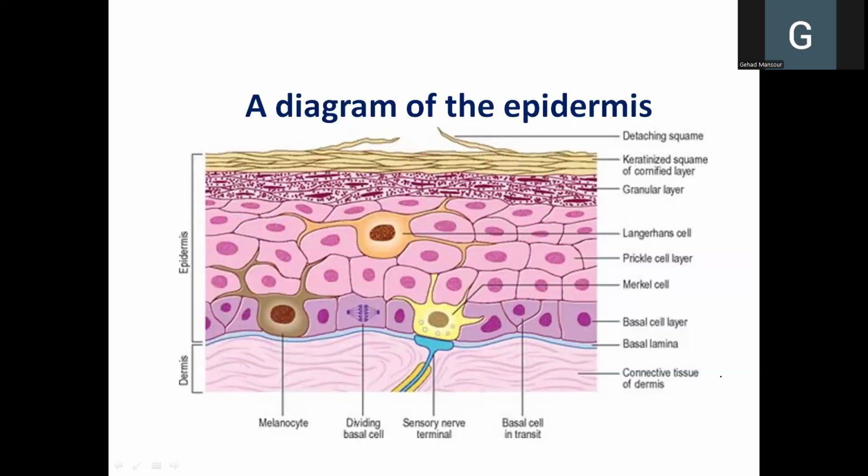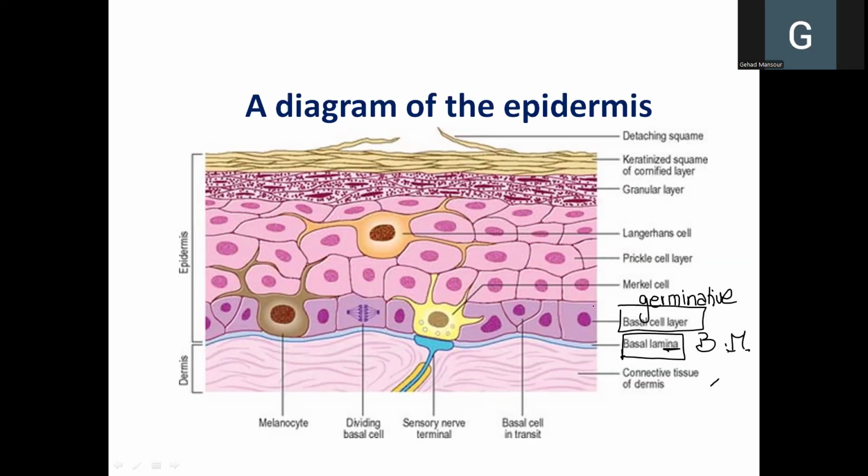So as we said before, this is the basal cell layer, and the other name for the basal cell layer is the germinative layer. And then we have a more difficult name for the basement membrane, which is the basal lamina. And lamina again means layer. And we have different types of cells.